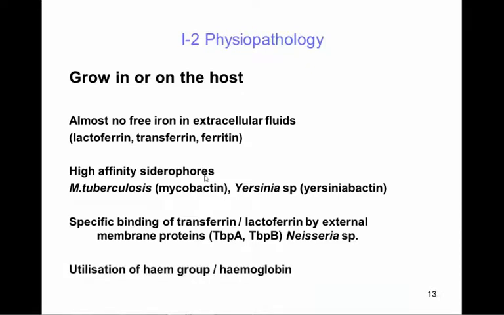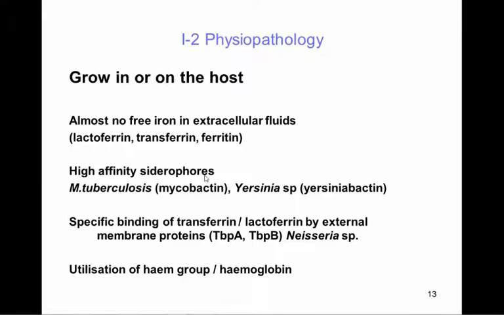And the other, of course, big source of iron in your body is hemoglobin, right? So if bacteria can lyse red blood cells, they'll release hemoglobin and be able to pick up iron from that. So hemolysis can be provoked by pathogenic bacteria.